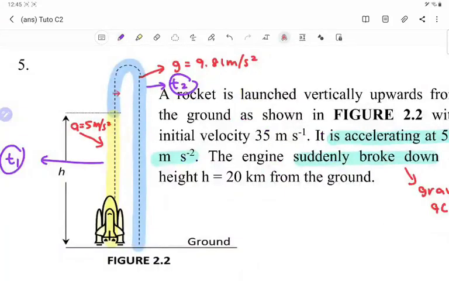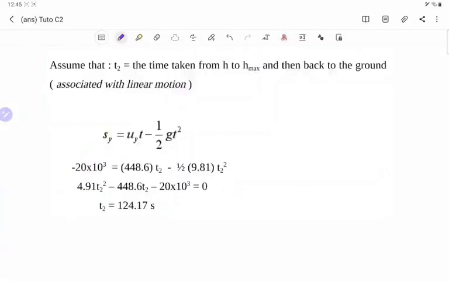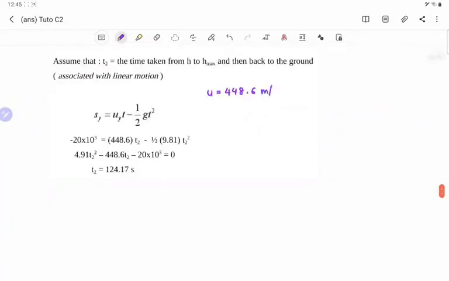So for the second phase, u dia bermula dengan 448.6. Okay, untuk perjalanan kedua di bawah pengaruh gravitational acceleration, u kita adalah 448.6 meter per second. Tadi dia adalah akhir untuk fasa pertama. Tapi untuk fasa kedua, dia jadi initial.